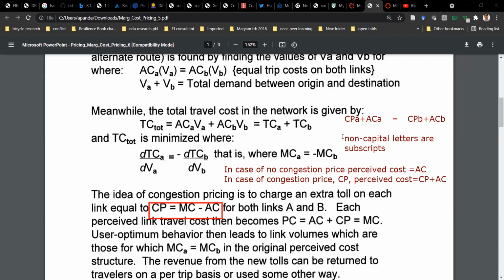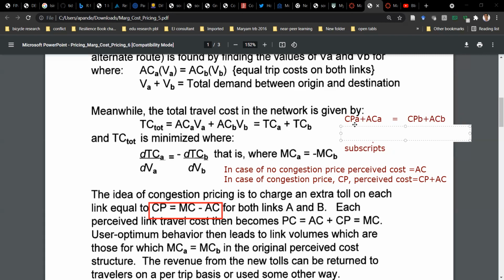So what would you like this number to be? We know that drivers are going to try to make these perceived costs equal.